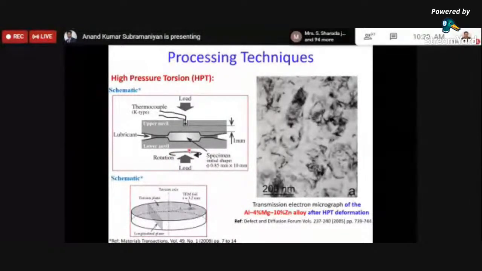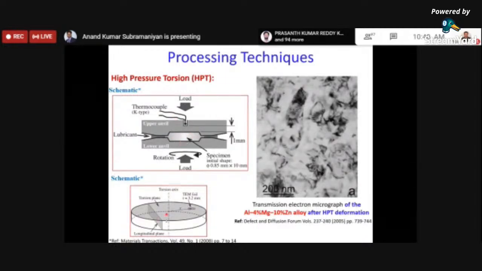Because of this, at the surface a huge amount of severe plastic deformation is activated, and grain refinement essentially takes place with this technique.